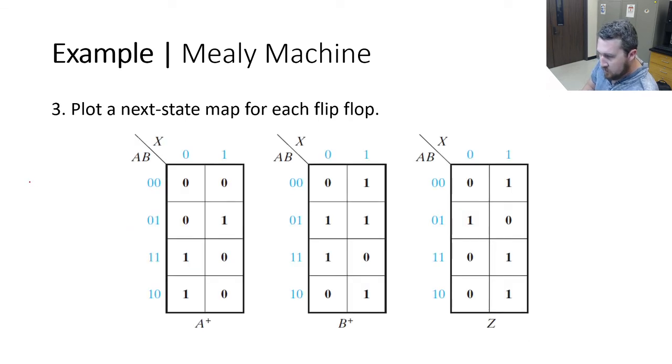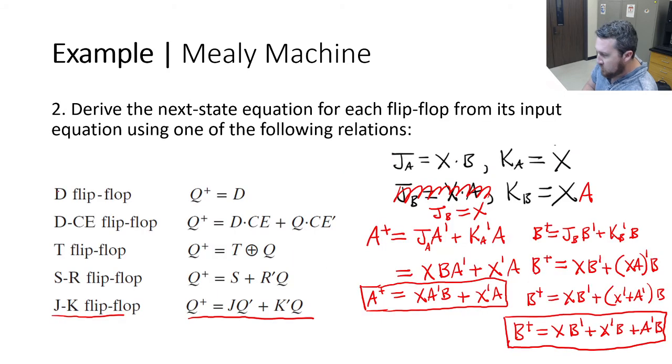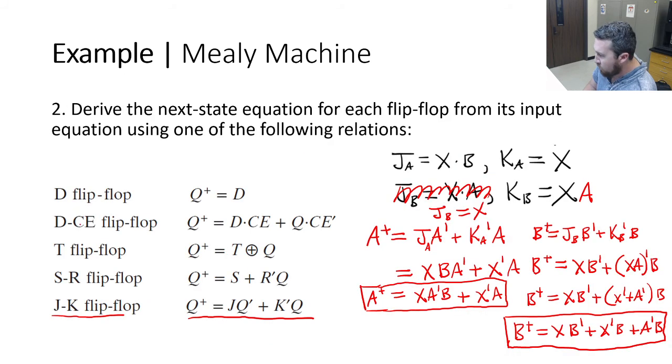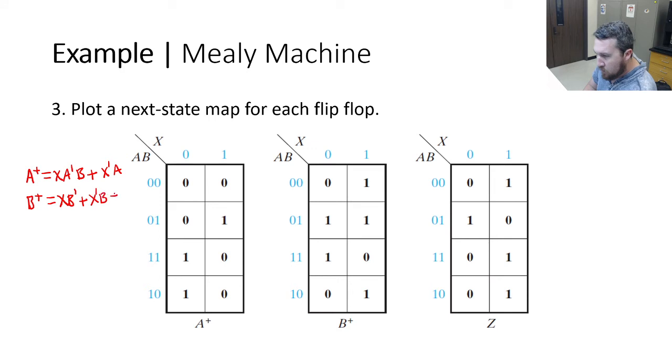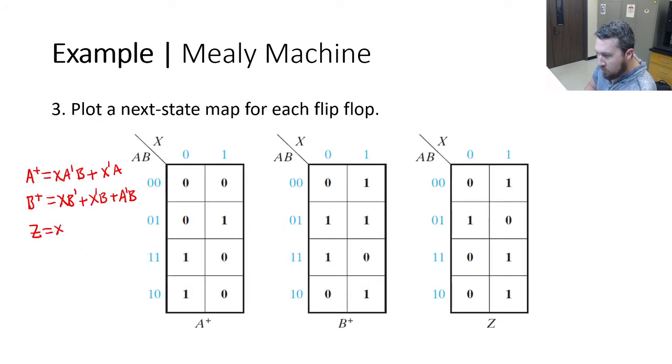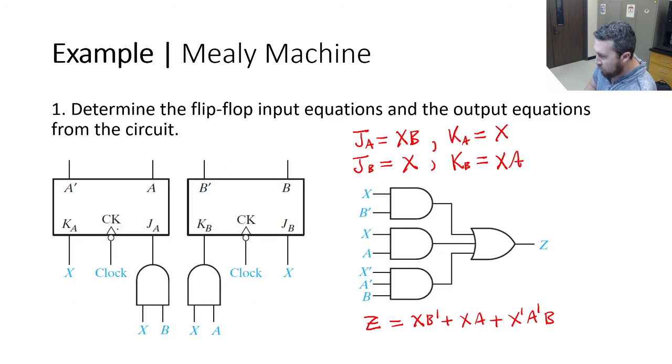So A plus is equal to X A prime B or X prime A. B plus is X B prime or X prime B or A prime B. And then all the way back, Z was XB prime or XA or X prime A prime B.